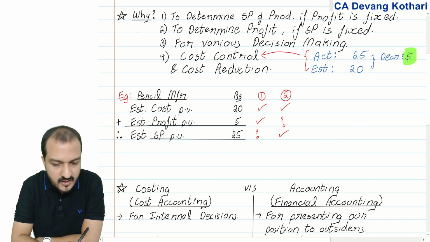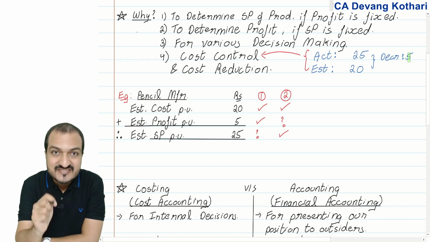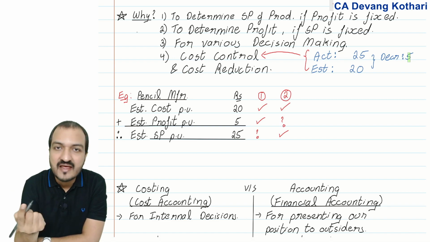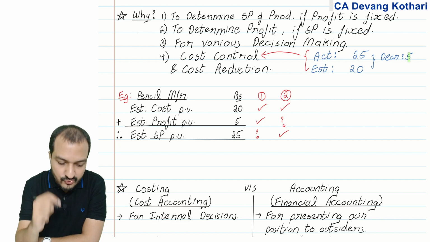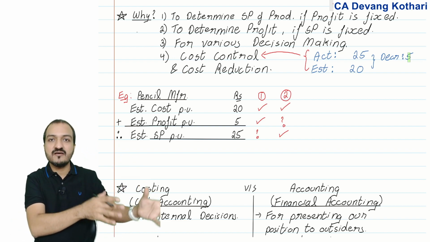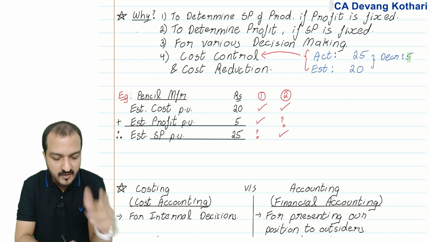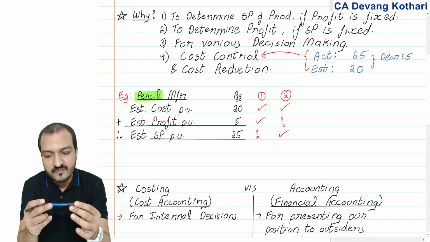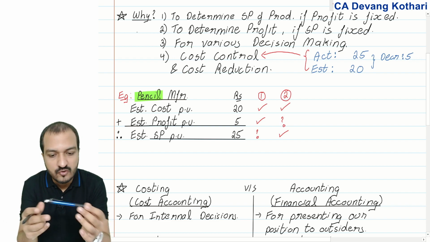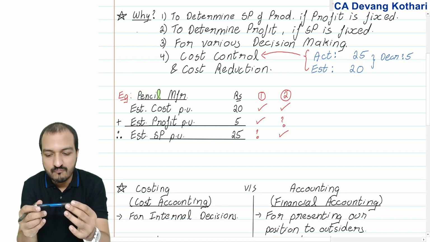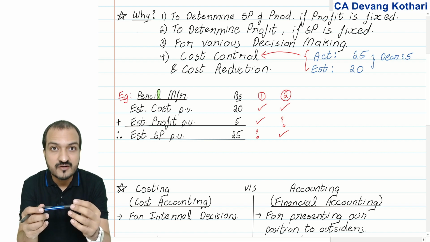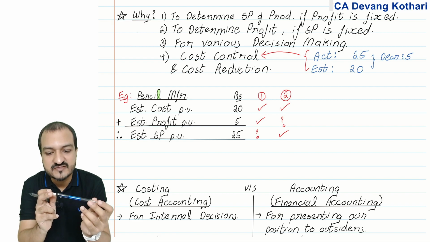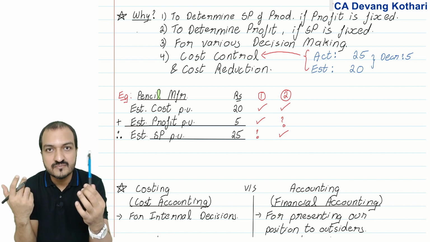But imagine, just before the beginning of the next year, you realize that a new competitor entered into that industry. I was selling these pencils under my own brand name, but suddenly, out of nowhere, let's say Mukesh Ambani entered into the pencil selling industry and started selling pencils under the brand name Jio Pencils.